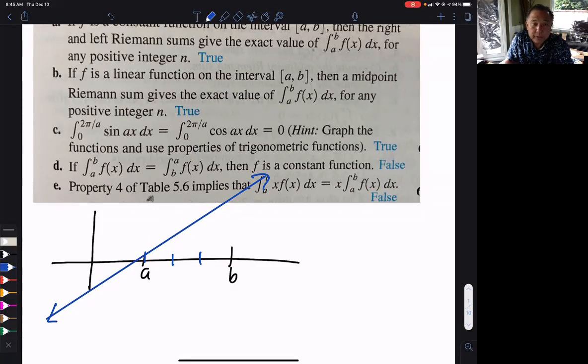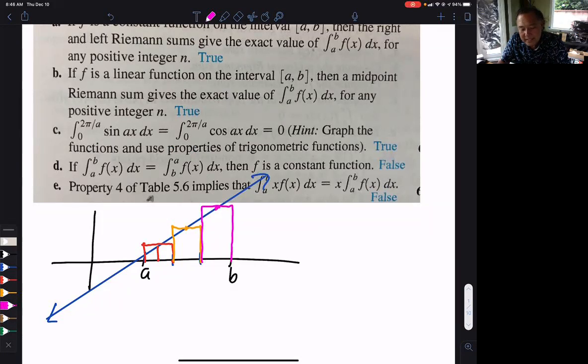So again, I will do 3 intervals. I already have them marked out. The midpoint, you go up the middle and you make your rectangle. You go up the middle, you make your rectangle. And you go up the middle and you make your rectangle.